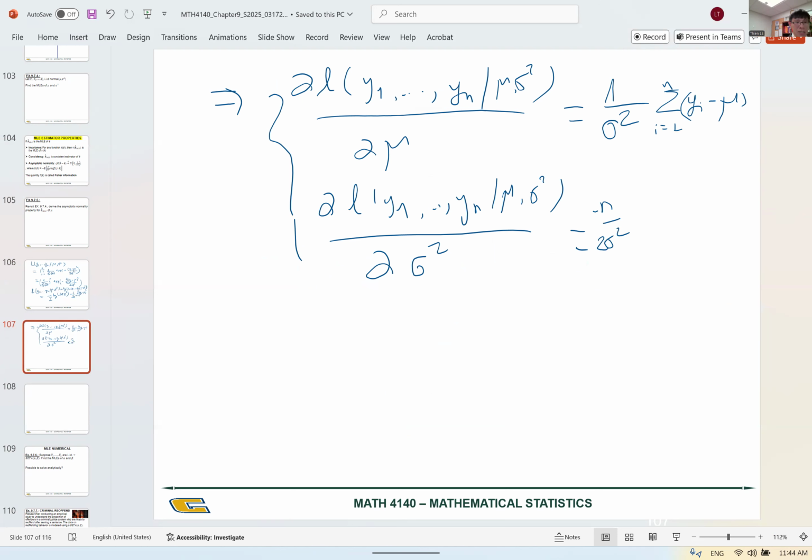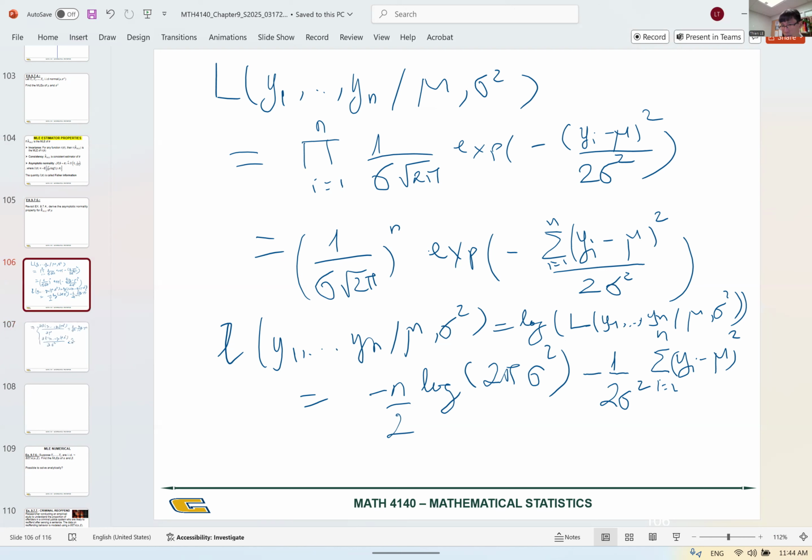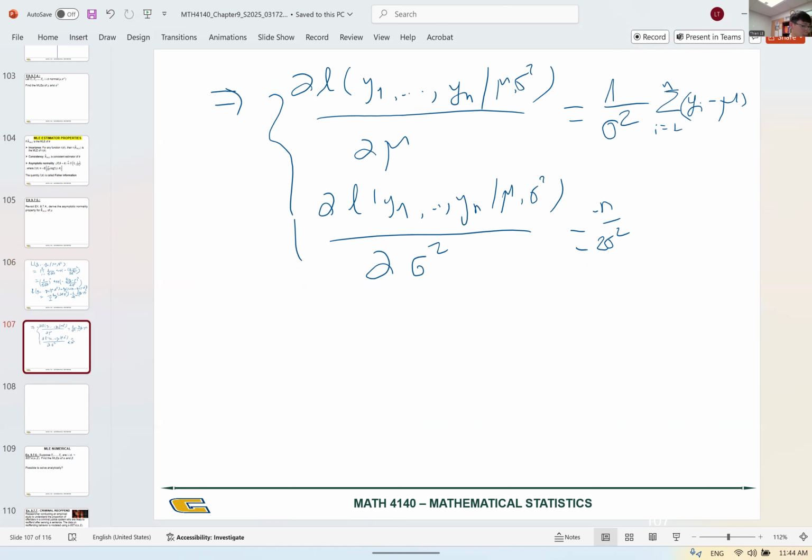And then the second term is just sigma, which is 1 over x, negative of 1 over x squared, basically it will flip the sign to 1 over 2 sigma square times the summation here.